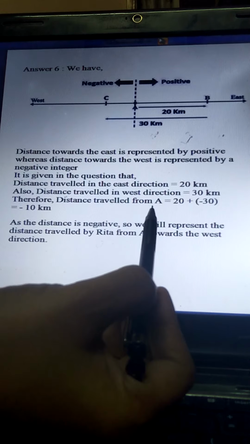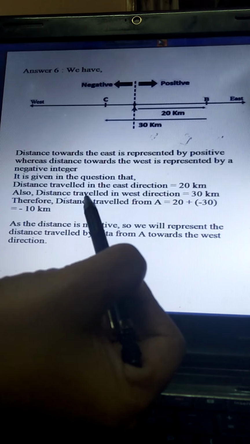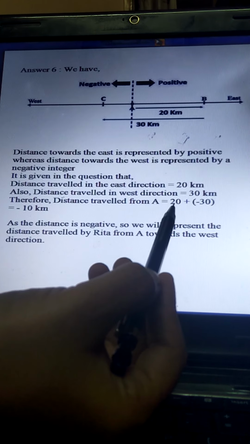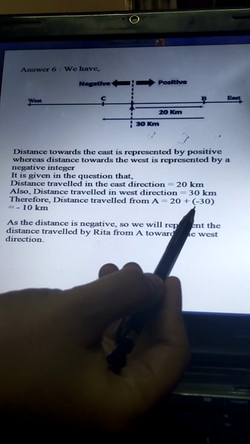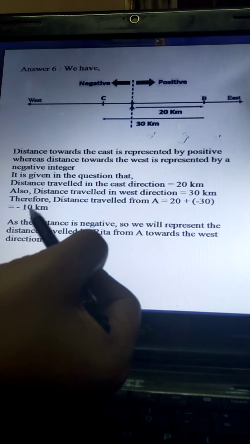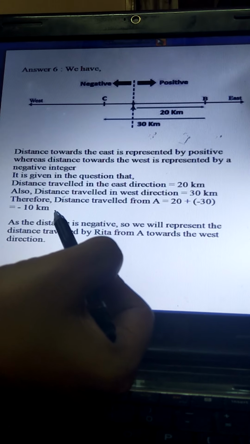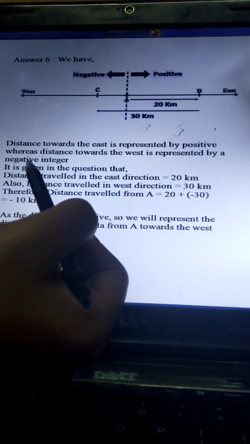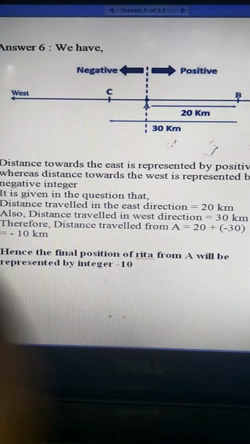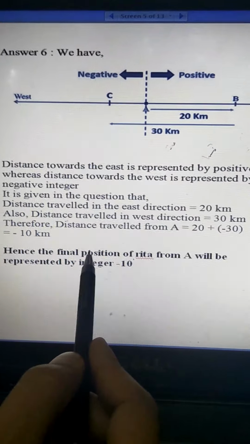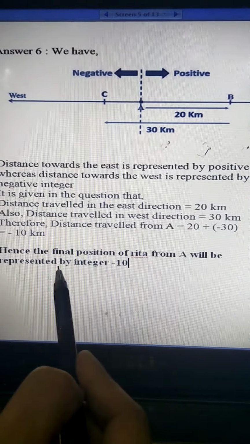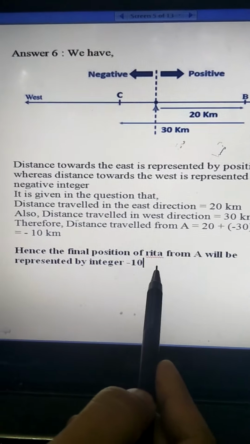So the distance traveled from A to C will be 20 plus minus 30, which is equal to minus 10 kilometers. Right, students? So students, the final position of Rita from A will be represented by the integer minus 10.